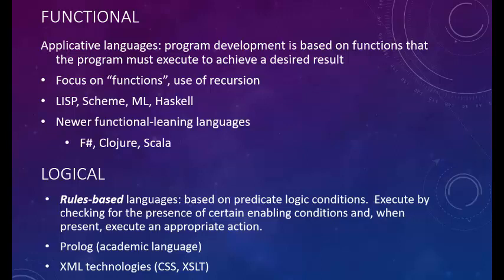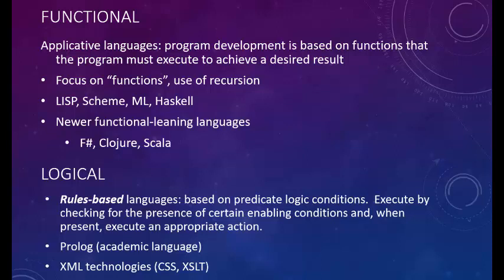The logical languages are rules-based languages. These are based on predicate logic conditions. They are executed by checking for the presence of a certain enabling condition, and when it's present, they execute that appropriate action. These are outcomes-based languages. The order of operations to getting to the solution isn't that significant. It's often presented as a set of rules that, when applied, achieve an outcome, and the order of those rules is not necessarily important.